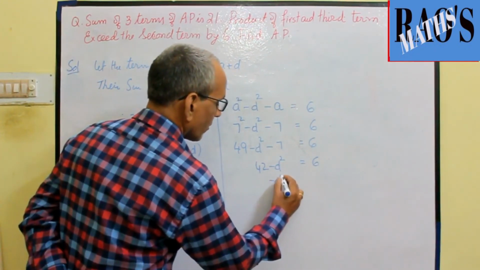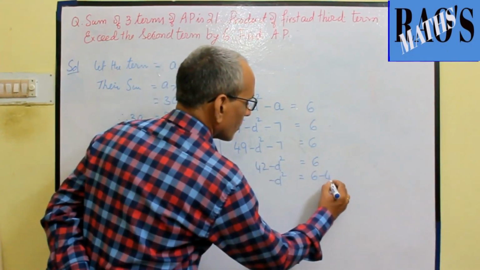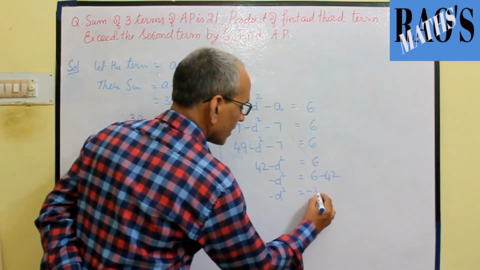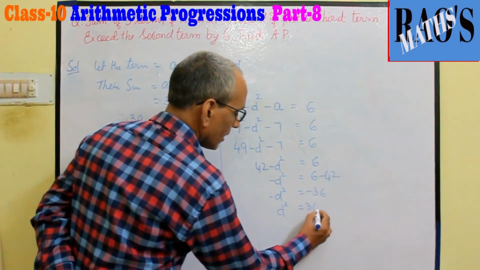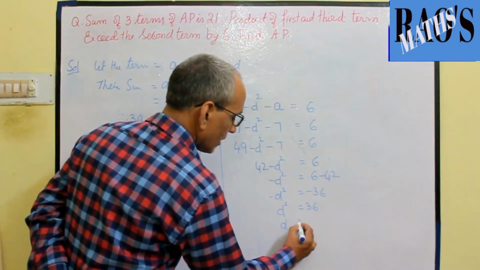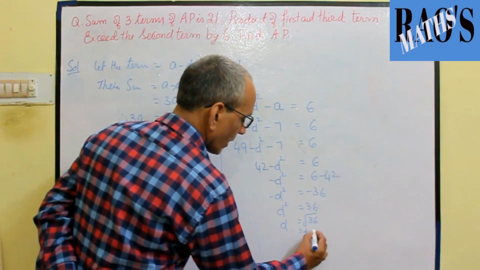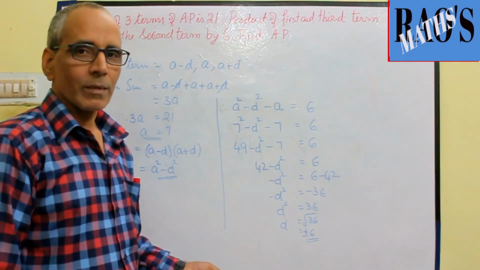So minus d squared is equal to 6 minus 42, so minus d squared is equal to minus 36. So d squared is 36. Then d is the root of 36, that is plus or minus 6. Okay. From here you know how to write the AP.